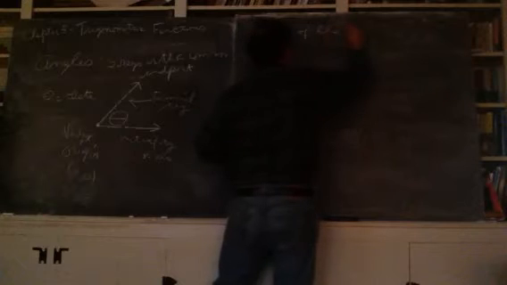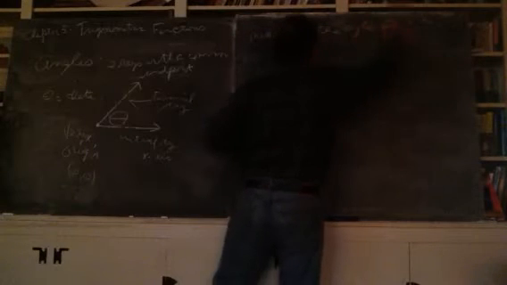This terminal ray is the thing that'll change. So what changes when the terminal ray changes? The measure of an angle, theta. I'm going to be using theta quite a bit, so we'll just stick with that for now. We'll talk later about notation.